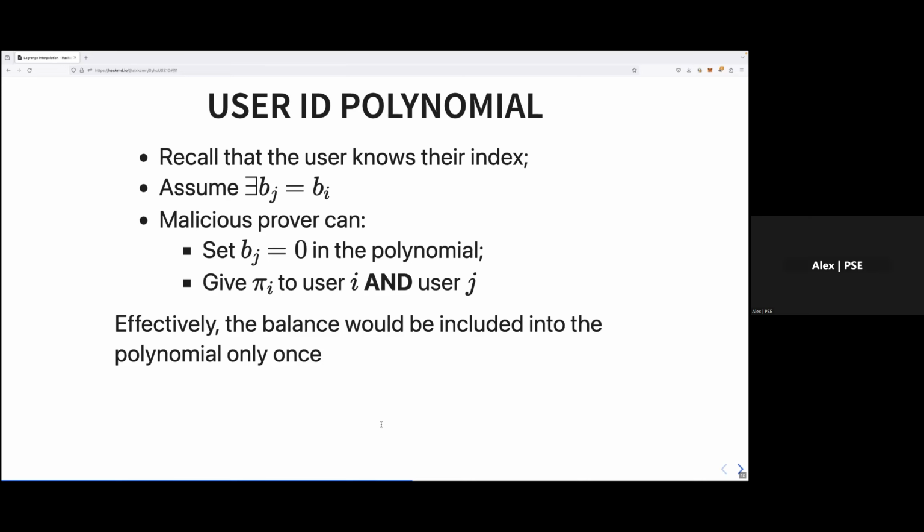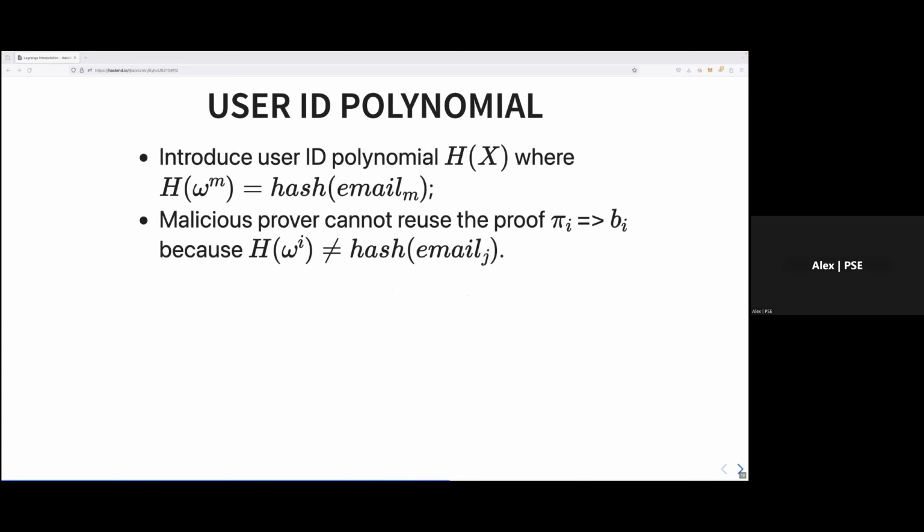So how can we use the user ID polynomial here to mitigate that? If we introduce a user ID polynomial where for a user index there is a value of user ID, in our case it can be a hash of an email. Hash is nice because it has a fixed length.